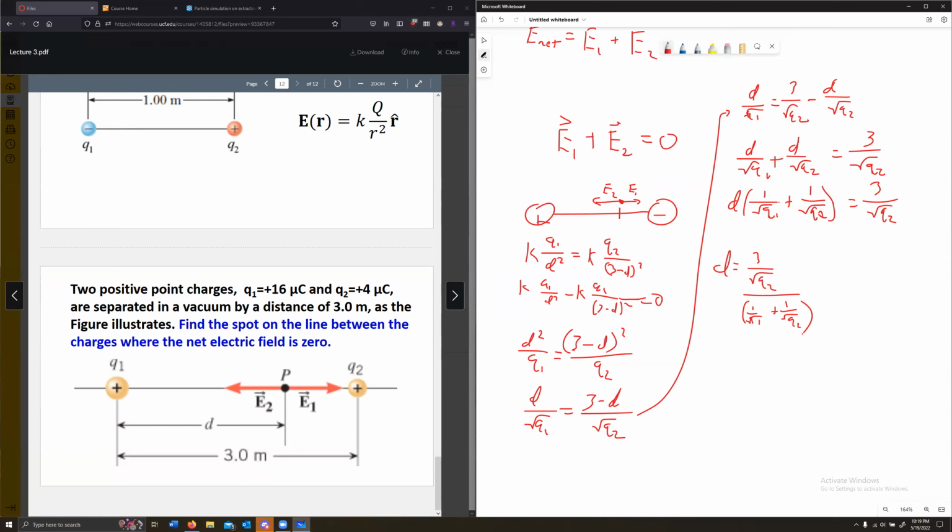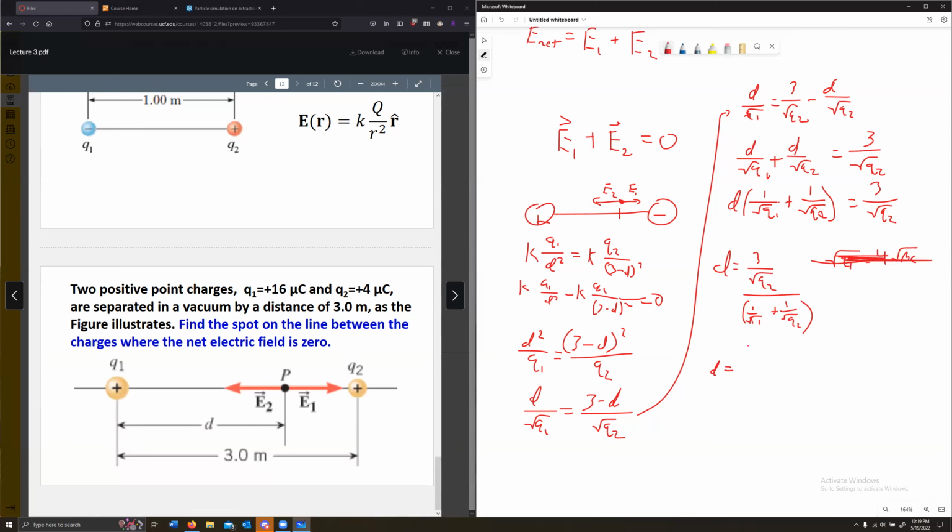That's fair. Here's what I'm a little bit confused about, because in his notes he has square root of Q1 is equal to 4 square root microcoulombs. I mean, this ended up just going like this, which I don't know how that works.